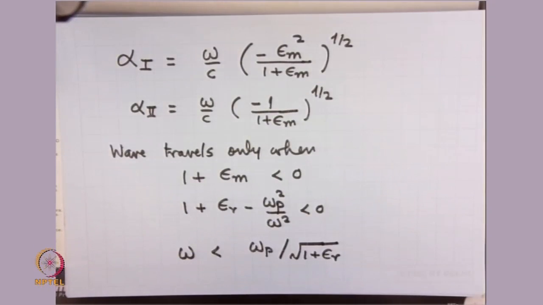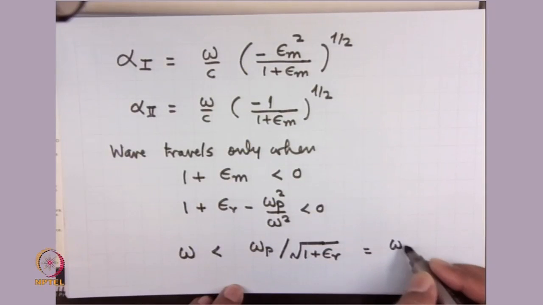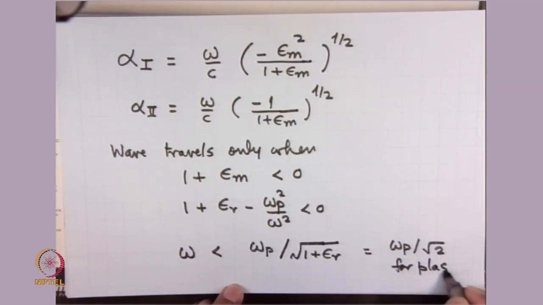For a gaseous plasma, epsilon r, the relative permittivity, is unity. So, 1 plus 1 is 2, and this becomes omega p upon root 2 for plasma. For a conductor, epsilon r is different from 1, so this could be less than omega p by root 2.